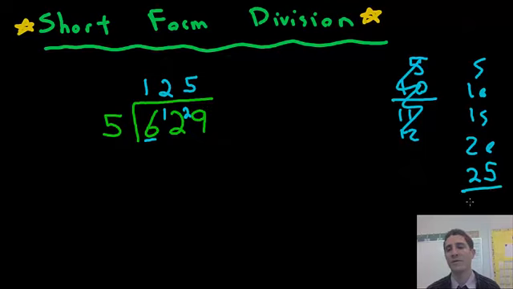And 25 is 1, 2, 3, 4 away from 29, so there's 4 left over. There's no number over here to put the 4 in front of, so I have a remainder of 4.